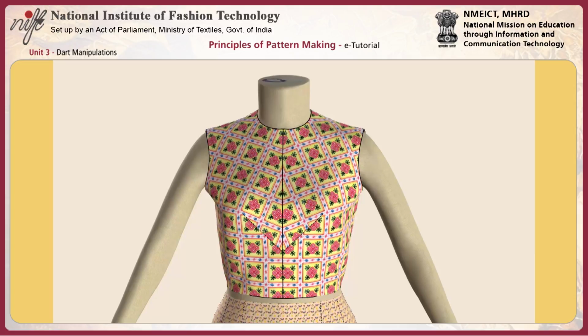Now, let's do some exercise for diagonal center front dot manipulations. Construct a diagonal center front dot which starts from 4 inches below the neckline and ends at the bust point.